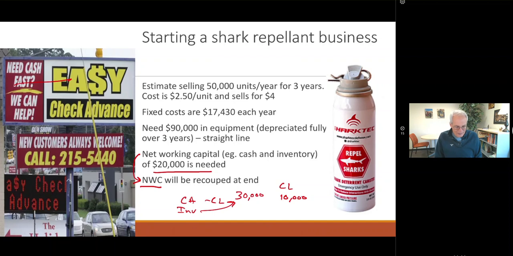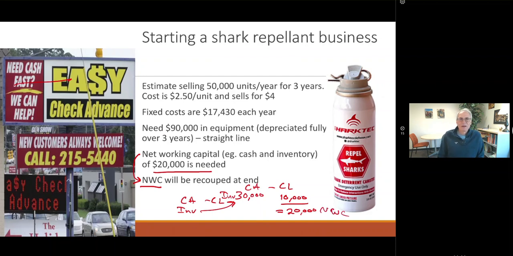So out of this inventory that I bought for 30,000, how much cash did I need when one of the suppliers said just owe us on the 10,000? So current assets minus current liabilities equals $20,000. The net working capital, okay?